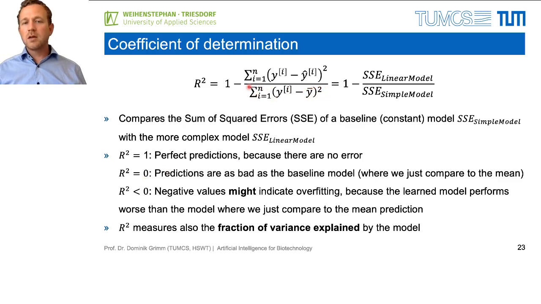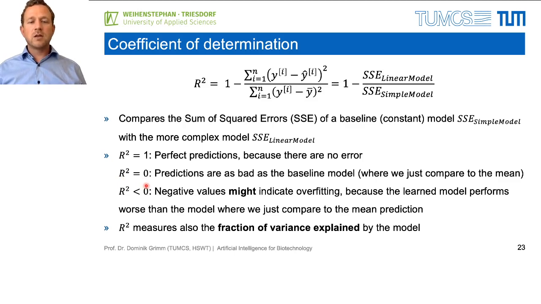We do predictions just as good as computing the mean of our y values. So if we compute the mean of our y values, we get exactly the same performance as with a model that leads to R squared equal to 0. And it's also possible that we get negative values, and it can go down to minus infinity.